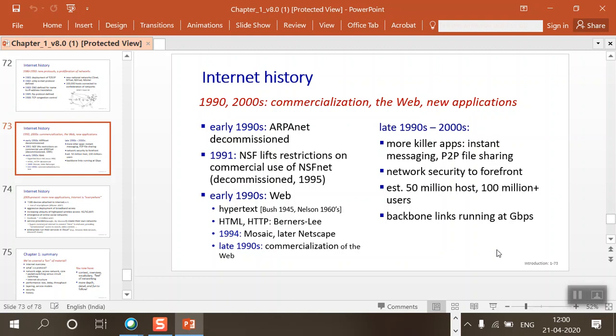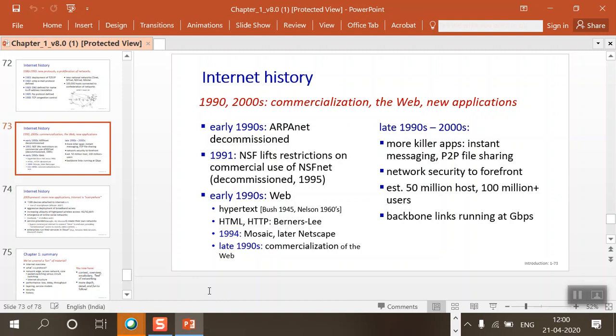The earliest instant messaging for you was probably Yahoo Messenger. There used to be IRC, Internet Relay Chat, which I believe was the earliest chat application that I came across.